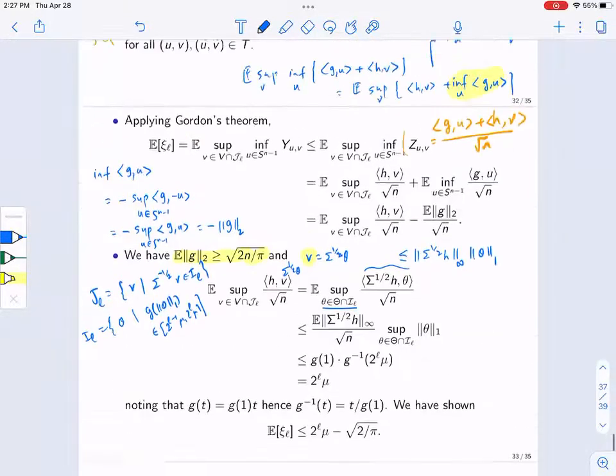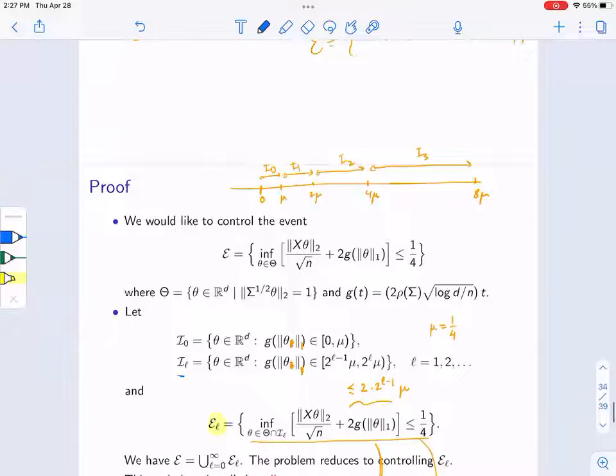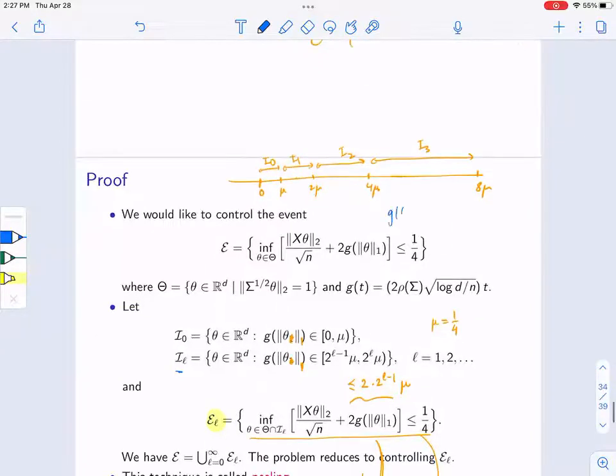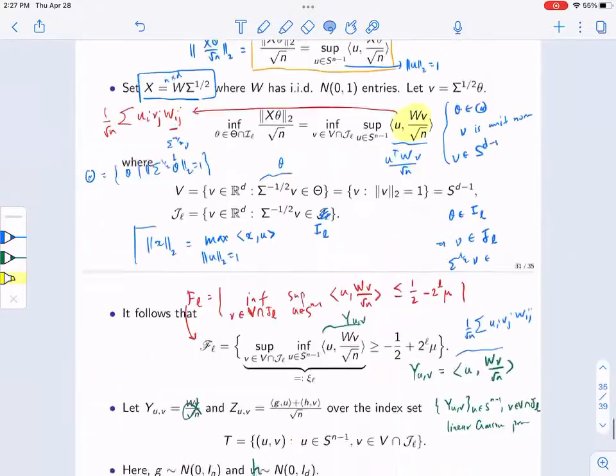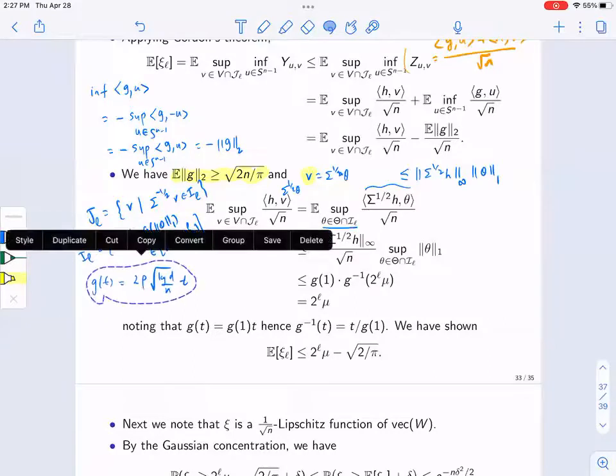Okay, so the sup here, you can see this G was a linear function, basically, if you recall what G was. G was this quantity. G is basically G T. I'm going to write it as 2 rho, I drop the sigma root log d over n. It's a linear function. It's increasing. So if you just copy paste this here to remind us what it is. There's also a G inverse.